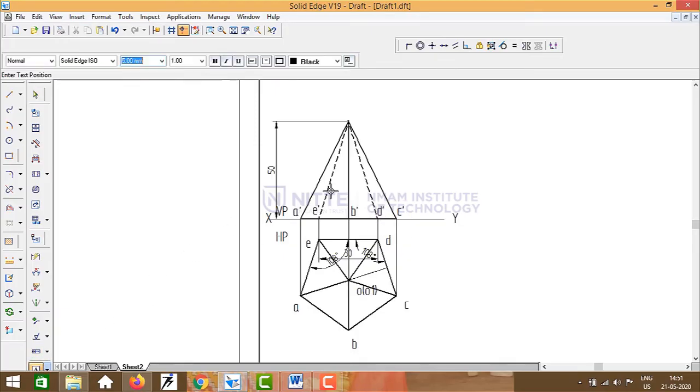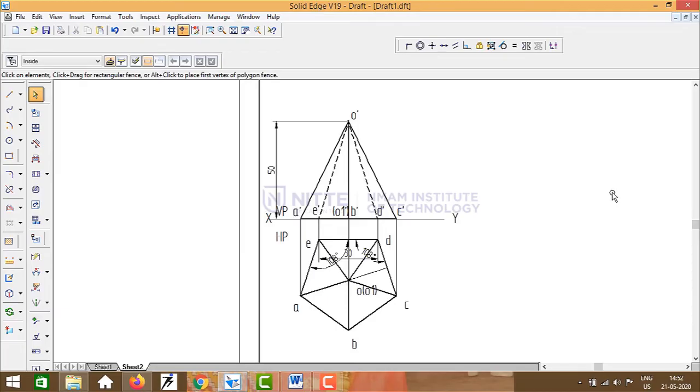Next O, O1, so O dash will be the apex, O1, O1 dash. Okay, so this is the pyramid given with the condition that we have one of the base edges, we kept edge DE nearer to the VP, and it is also parallel to VP.